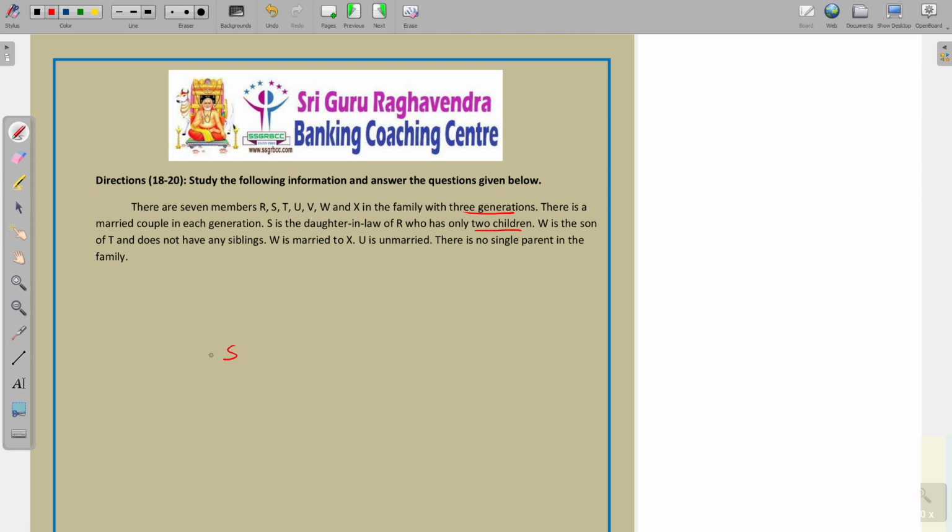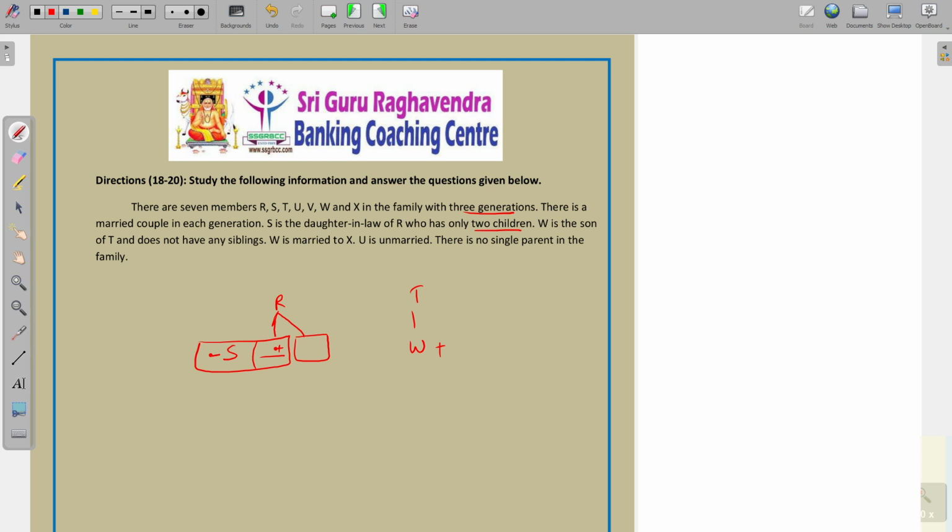See, S is the daughter-in-law of R. So it means R has a son, this son is married to S. Okay, and R has 2 children, and both are the 2 children of R. W is the son of T and does not have any siblings. So W is not having any siblings.